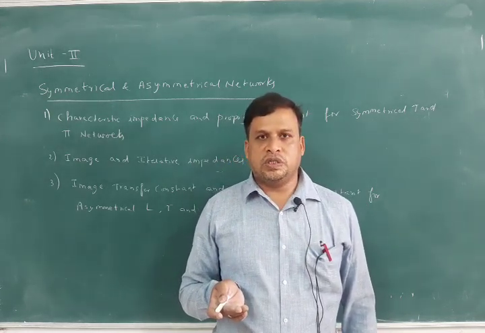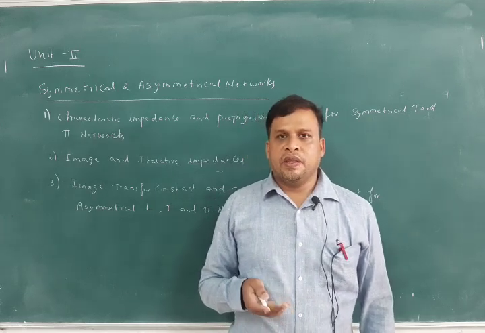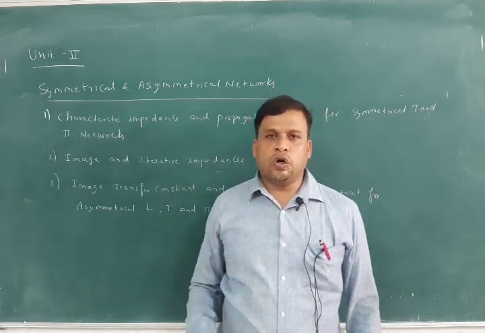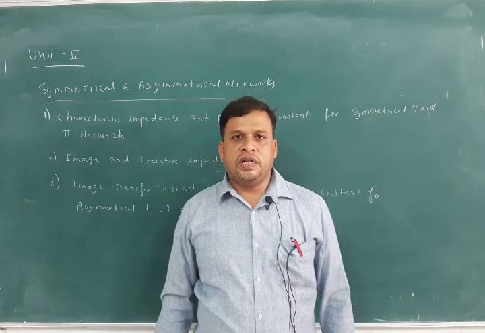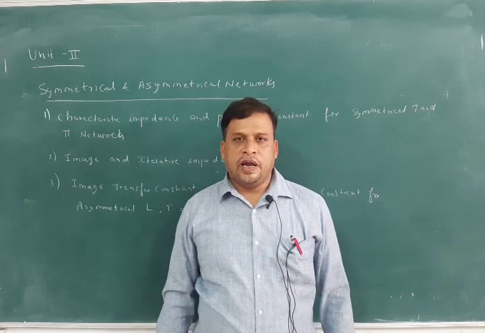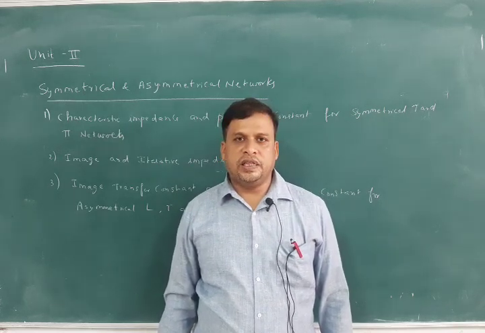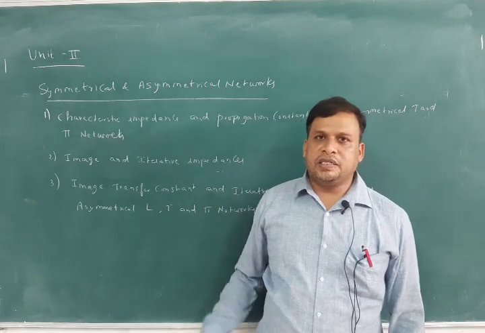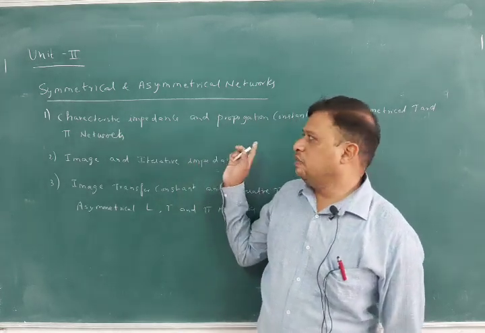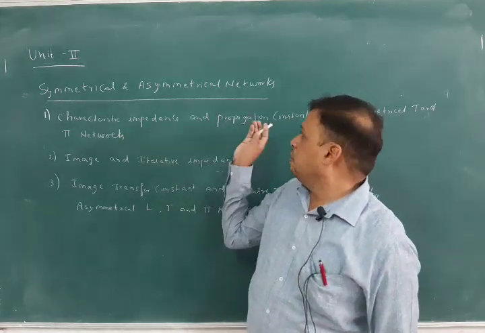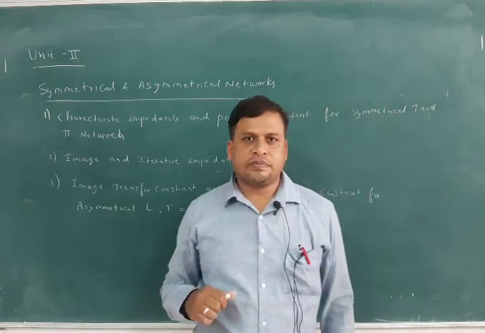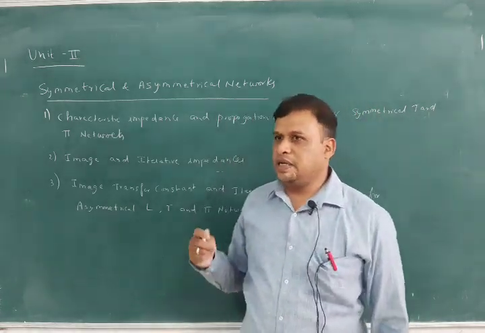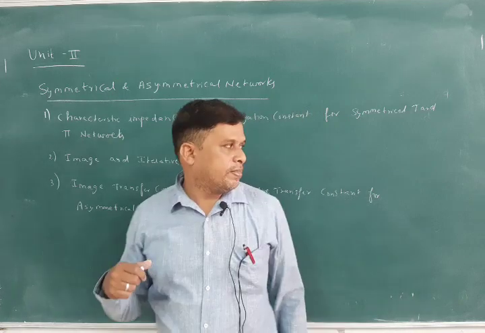If Zi is equal to Z0, then it is called a symmetrical two-port network. So here we will be dealing with two-port networks, and we will see how to derive the characteristic impedance as well as the propagation constant. So now let's start.